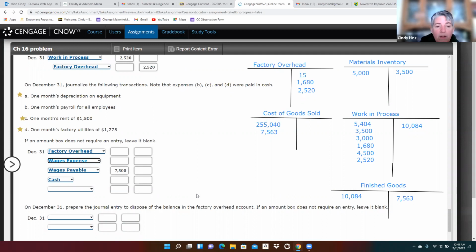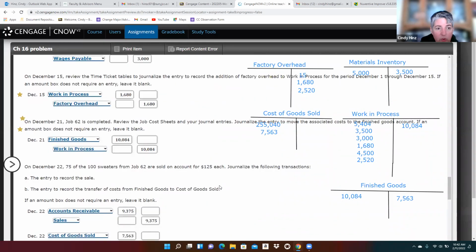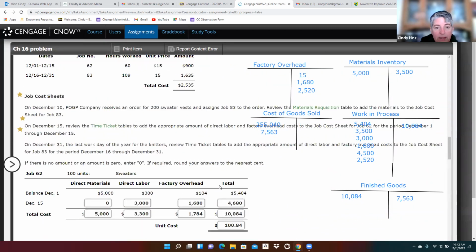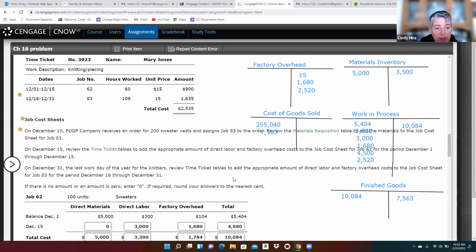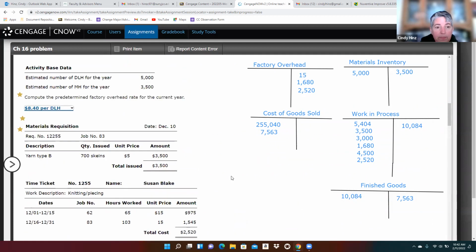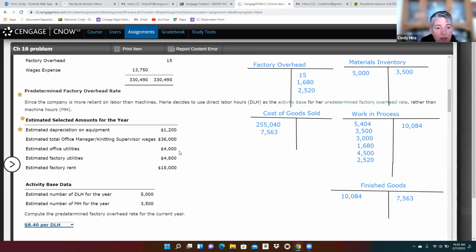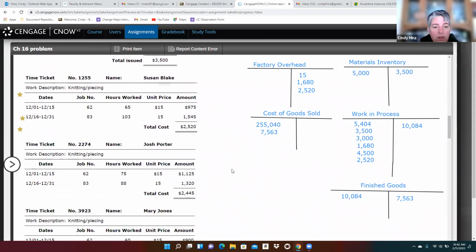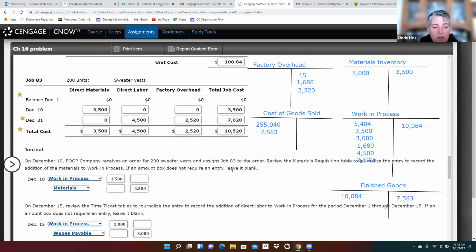So if I scroll back up here to remind myself of what that number was, his or her wages, that supervisory position, is $36,000 for the year. So that's $3,000 for the month, right? 36,000 divided by 12. That's $3,000 for the month.